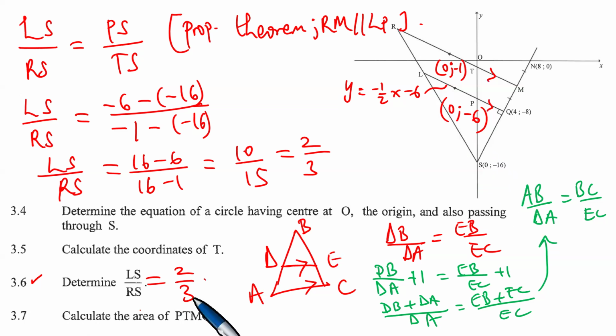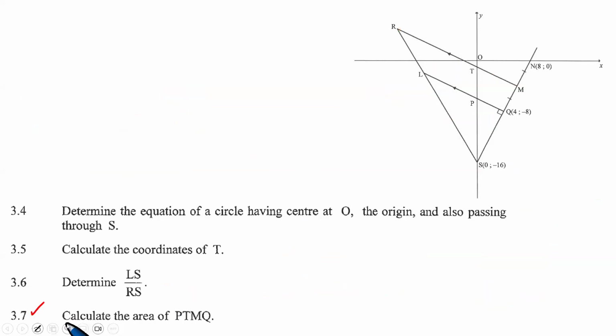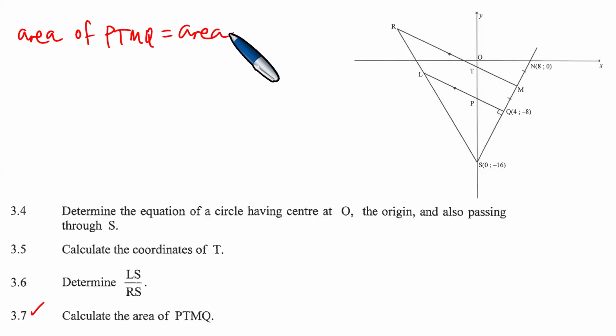Now with the trapezium, you can find the area, 3.7. The area of PTMQ is equal to the area of triangle TSM minus the area of triangle PSQ.